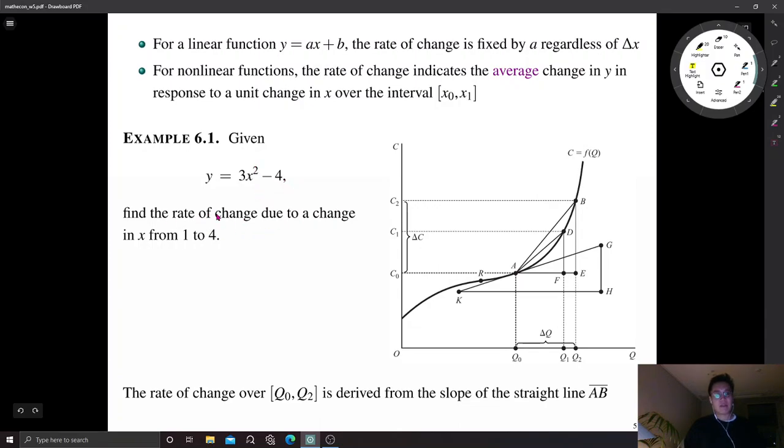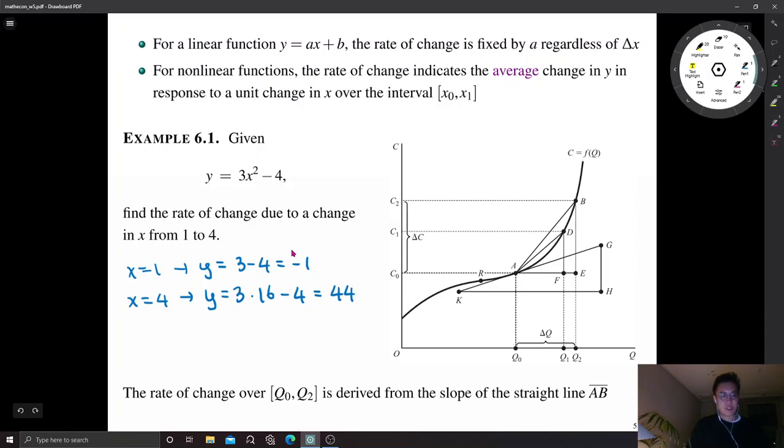And if we find the rate of change due to the change in x from 1 to 4, we can first compute the change in y. So when x equals 1, y takes 3 minus 4, that is negative 1. When x equals 4, y is 3 times 16, minus 4, which is 44.